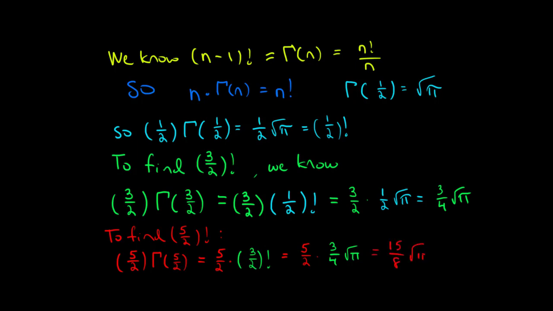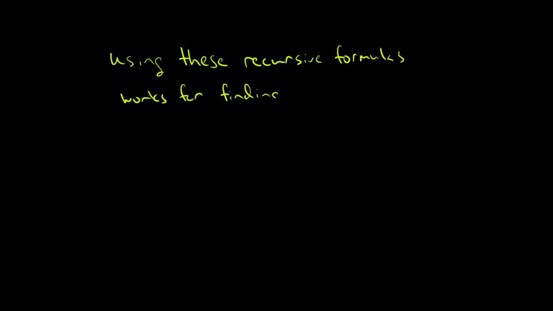And that equals 15 over 8 times the square root of pi, etc. So using these recursive definitions, we can find the values of the factorial function for any fraction. If I know 1/2 factorial, I know the factorial for any number that could be written as 1/2 plus or minus n, where n is an integer.